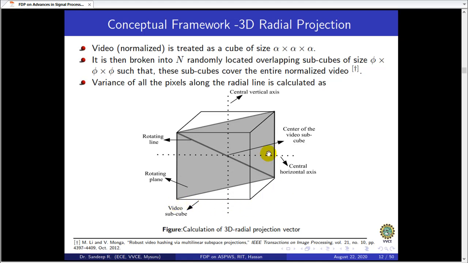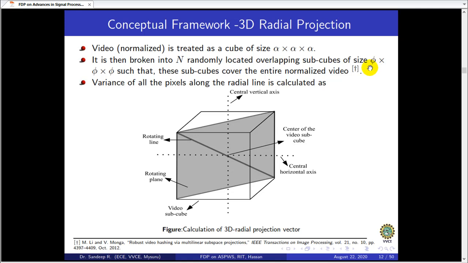It is then broken into n randomly located overlapping subcubes of size phi by phi by phi, such that the subcubes cover the entire normalized video, and also the size of phi is less than alpha. For example, if I normalize the video as a cube of size 32 by 32 by 32, then I may choose the size of phi to be 16 by 16 by 16.